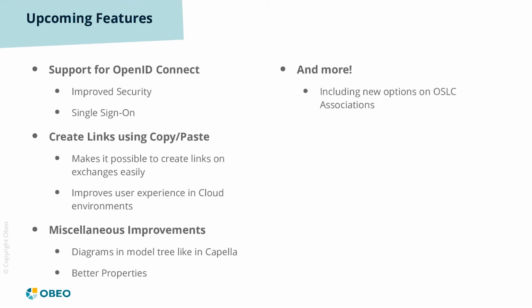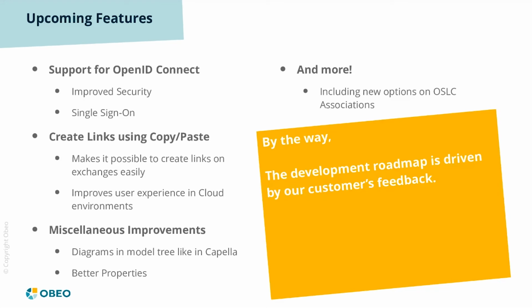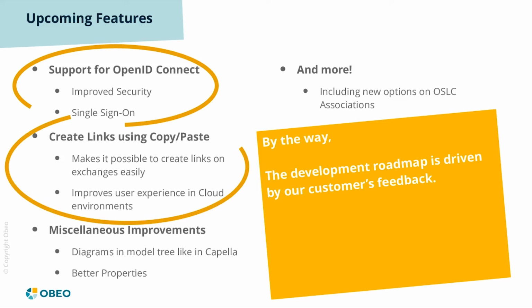I'm mentioning all that because, by the way, the development roadmap of this tool is driven by our customers' feedback. So, for example, the support for OpenID Connect is something that we've made because many customers requested it. And the same goes for the creation of links using copy-paste.